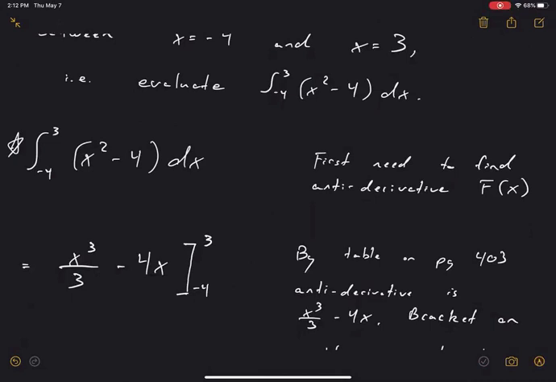The first thing we need to do is find that antiderivative of x squared minus 4. And let's go to a new page real quick. I want to find the antiderivative of x squared minus 4. So the indefinite integral of this. Okay, I just use my power rule for this stuff.